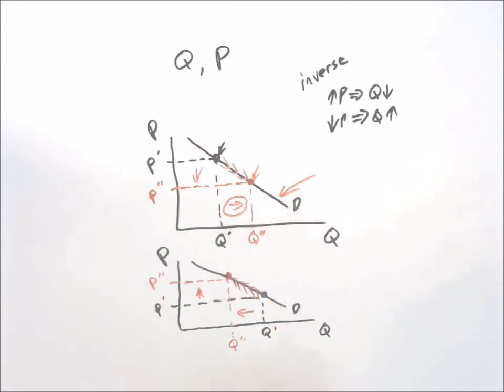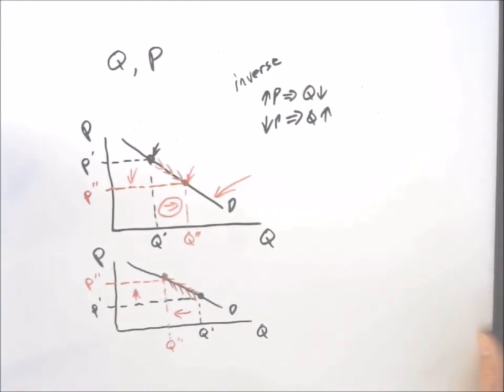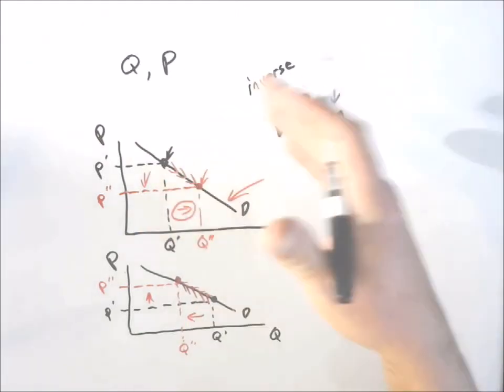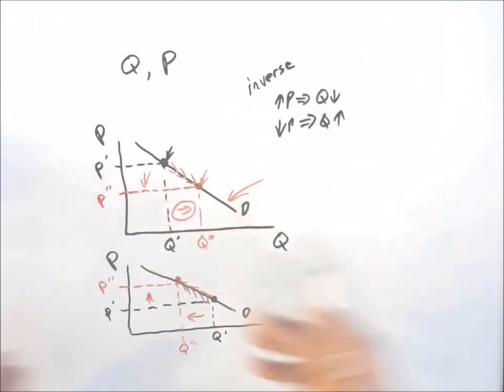Now we call this an inverse relationship. It sounds obvious enough, commonsensical enough. Prices are high, I buy less of something. If prices are low, I buy more of something.